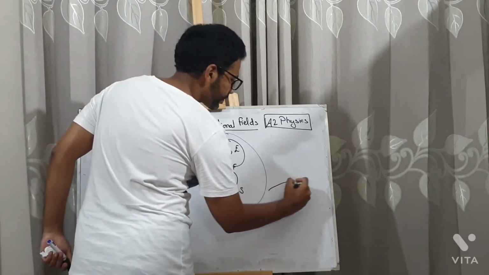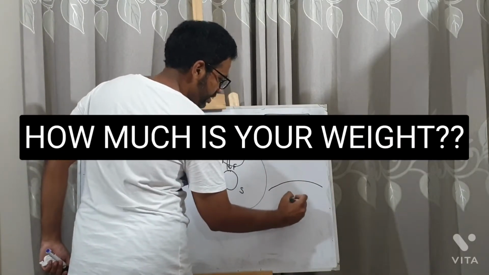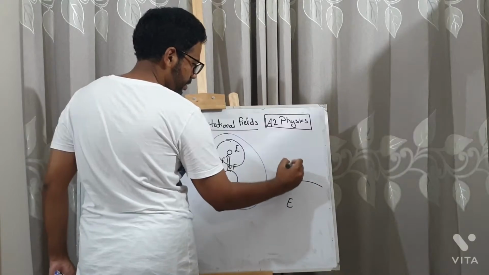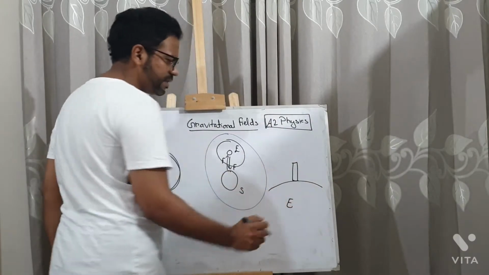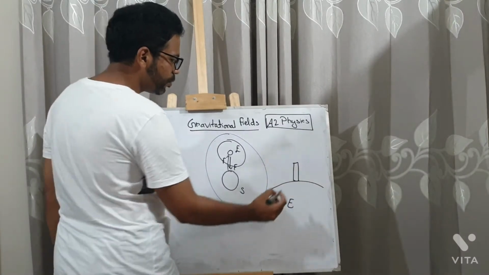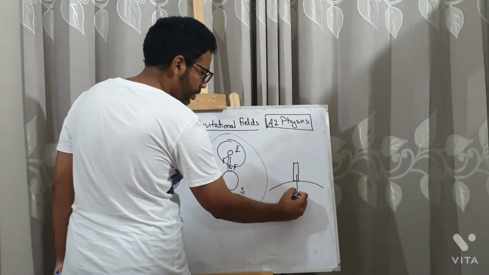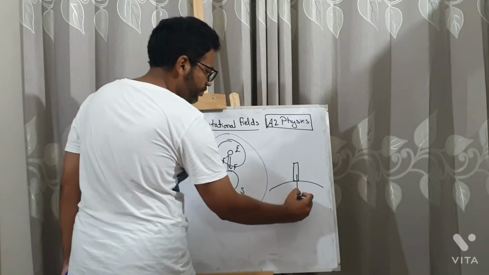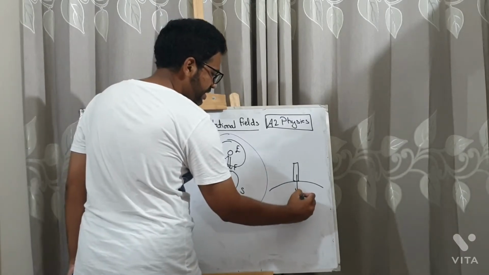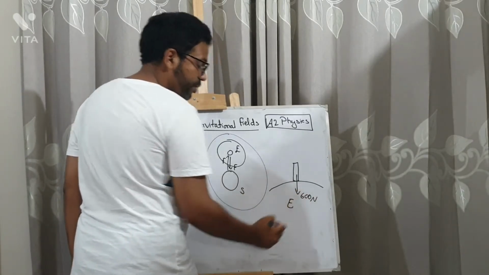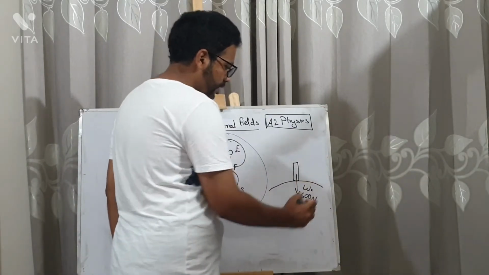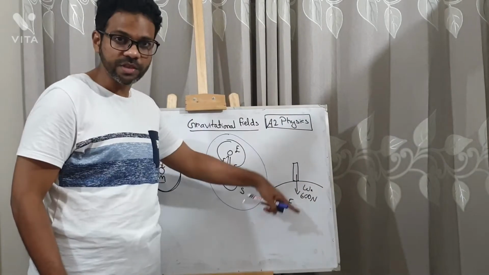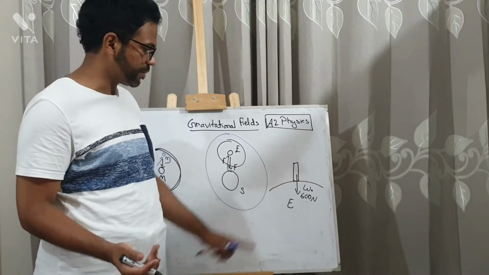Let's say this is the surface of the Earth and you're standing here. Any person standing here. Now the earth is pulling this person down with a gravitational force of say 600 Newton, which we also call the weight of the person, right? The weight of the person is 600 Newton, which is the gravitational force on the person.